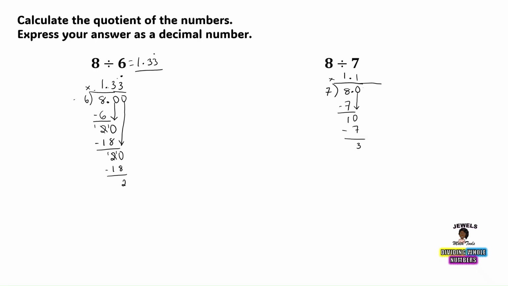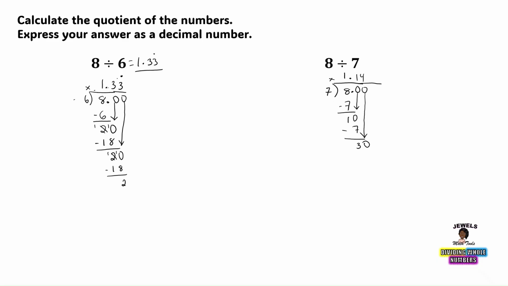Now, here's a little thing that I want to point out to you when it comes to 7. 7 is one of those numbers typically that you will find yourself dividing by that will give you a non-terminating decimal number. That means that you will continue dividing. The numbers will be changing, but you will continue dividing.